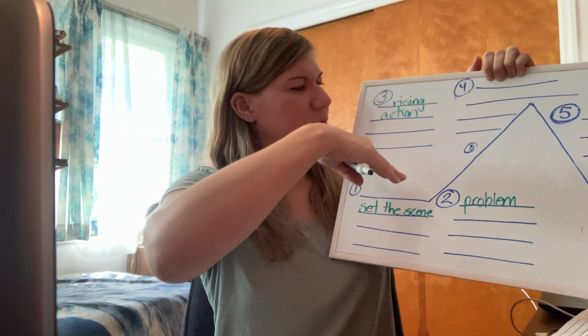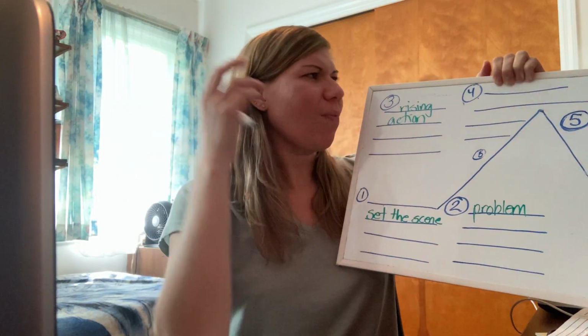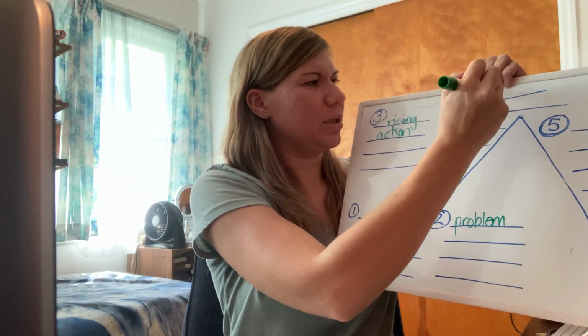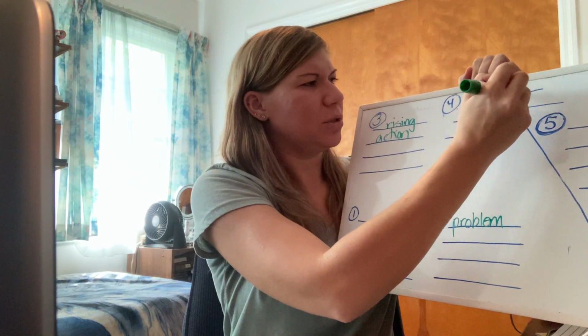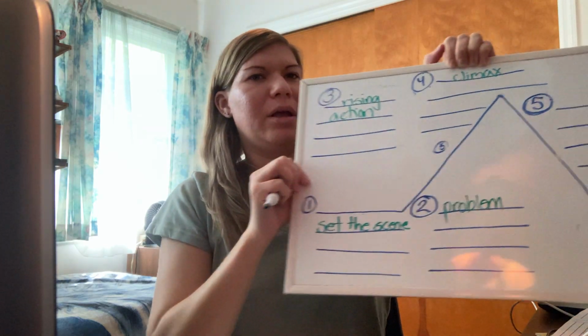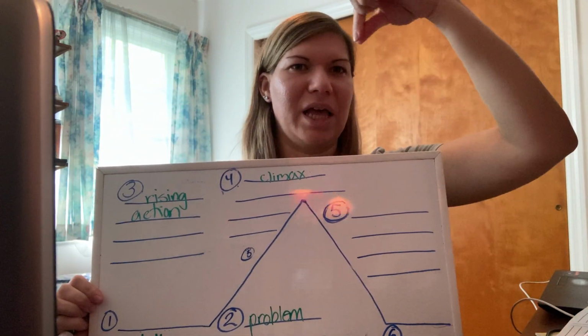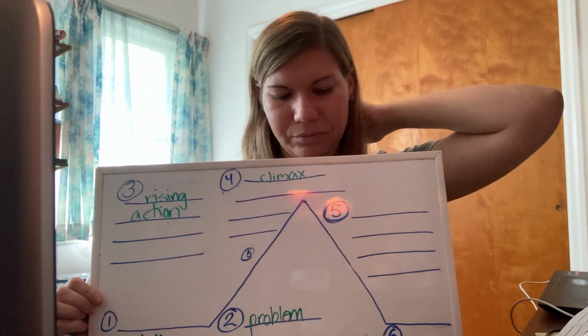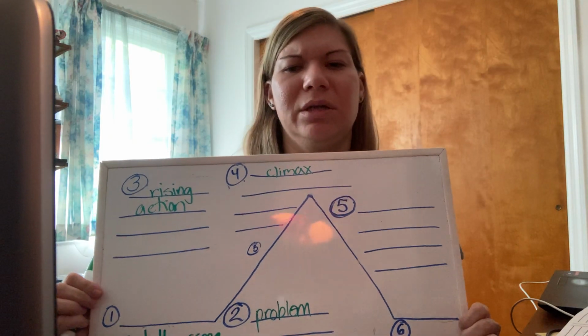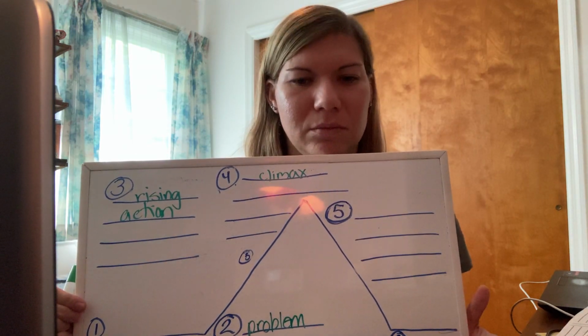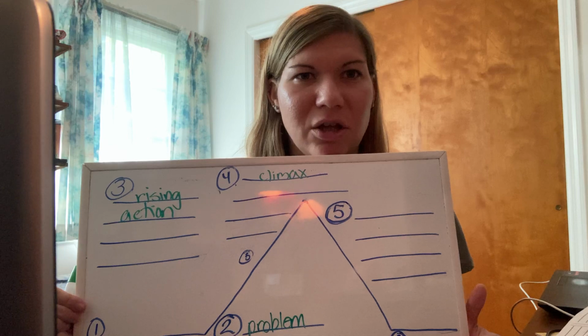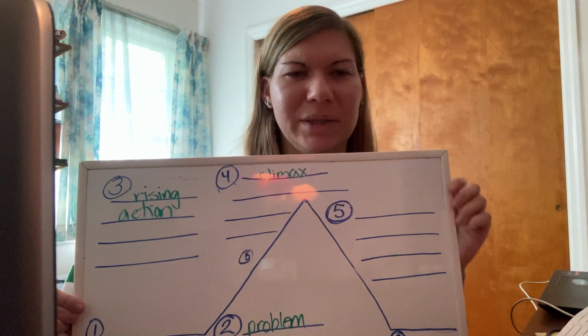and those are kind of the events of your story until you get to what is called the climax, which is where everything in the story kind of comes to this peak, this head, where the story has all the main event that happens in the story.